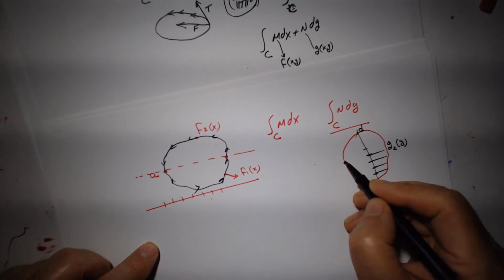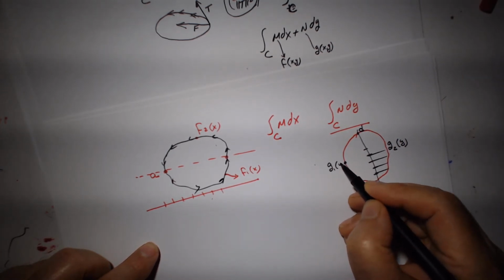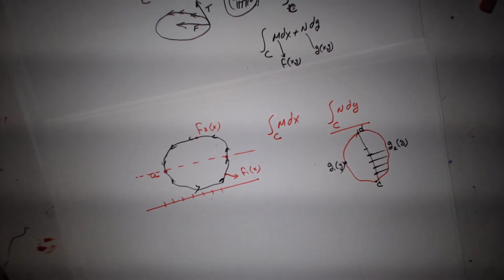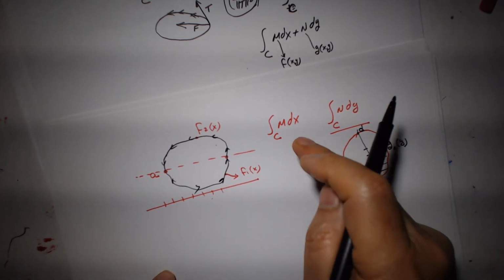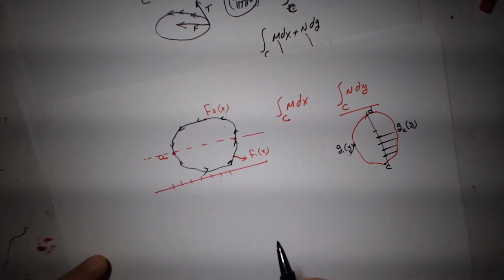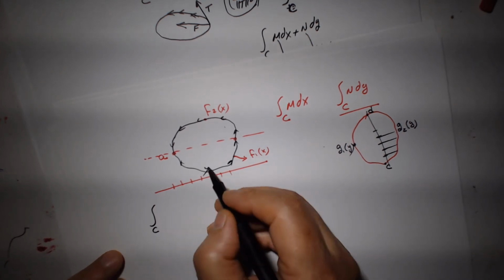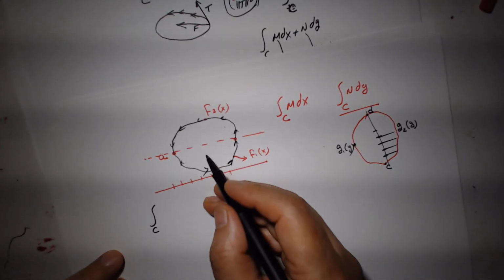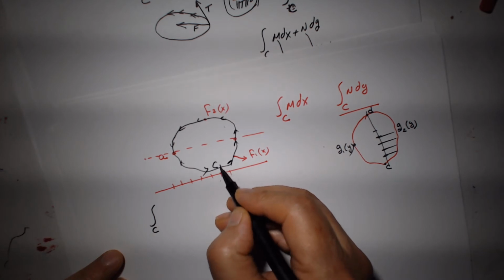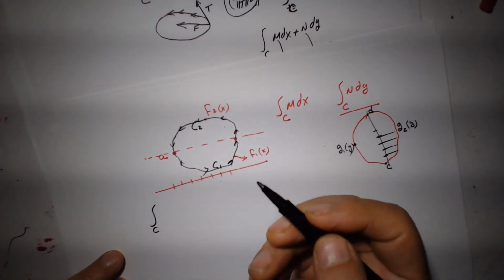G2 on the right and G1 on the left. I'm going to do the same thing for that one. Therefore, for that one I have to write two different differentials. I call this one C1, I call this one C2.